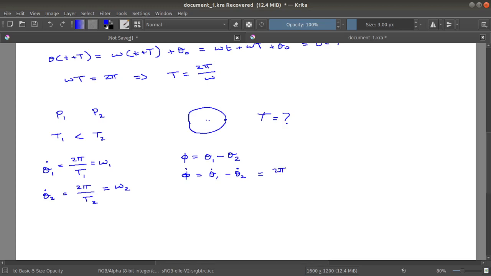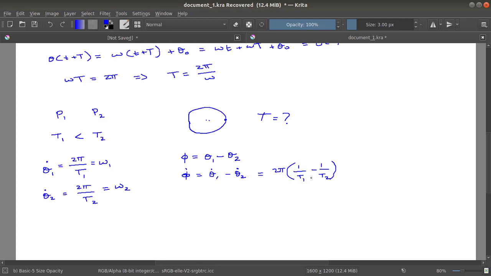Which is equal to 2 pi times 1 by T1 minus 1 by T2, where all these things are constant. So now I could use the uniform oscillator once again for this dynamical system.